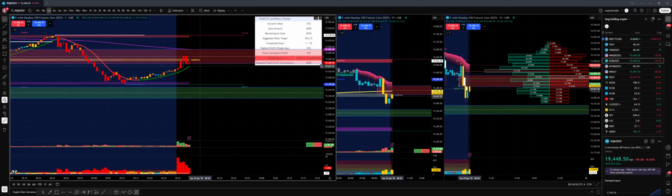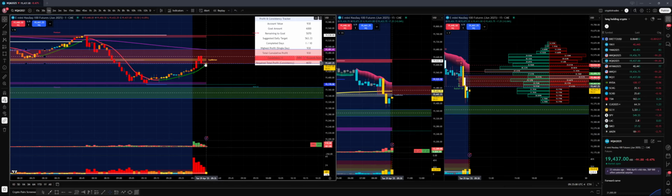Bounced off the Jurek a little bit. This would have been a nice short right there.